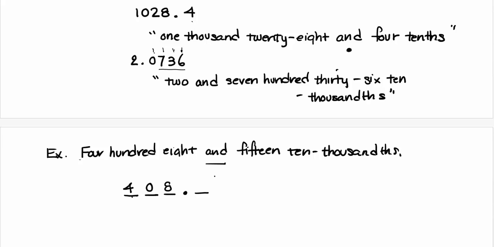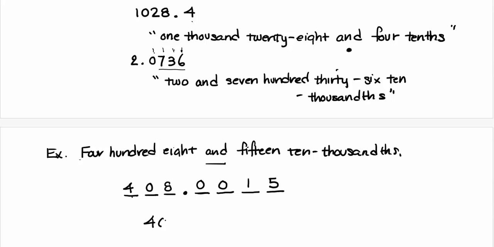So 408 and gives me a decimal point. 15 10,000ths. So remember, this is my tenths place, hundredths place, thousandths place, 10,000ths place. So that's where I need to end my decimal, and I have 15 of them.